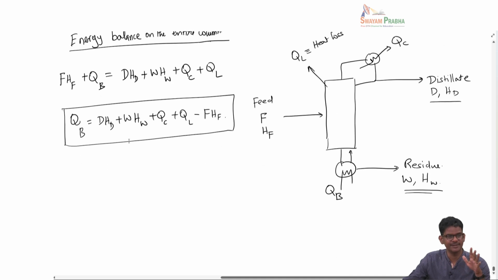For example, if you want to calculate QB, it is not enough to know only the enthalpy terms HD, HW, but you also need the distillate flow rate D and the residue flow rate W, and so on. So energy balance and material balance have to go hand in hand in designing the distillation column.